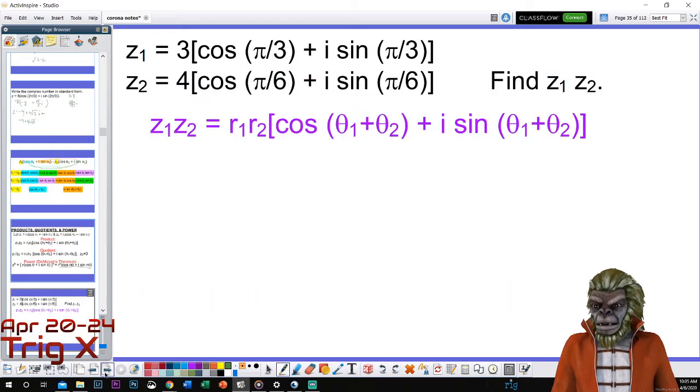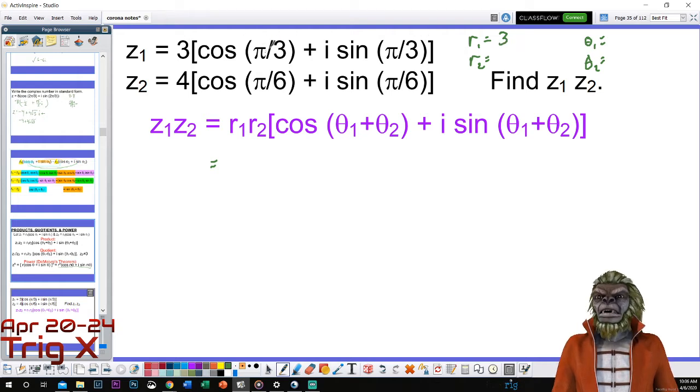Now let's put them to use. Here we go. I'm going to find z1 times z2. In order to do that, first I need to know what r is, and I'm going to have two of them since I have two vectors. I also need to know what theta is, and again I'm going to have two of those. So for vector number 1, my r is 3, because this is in trig form, the number on the outside is always r.